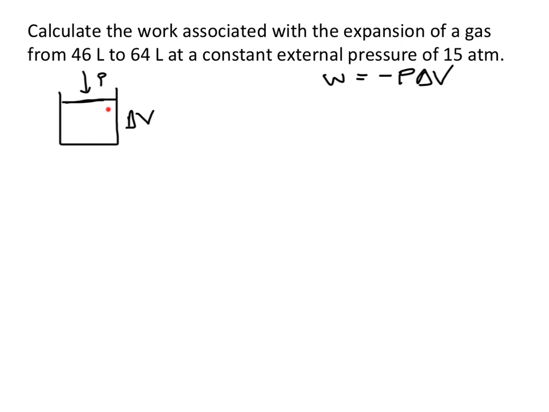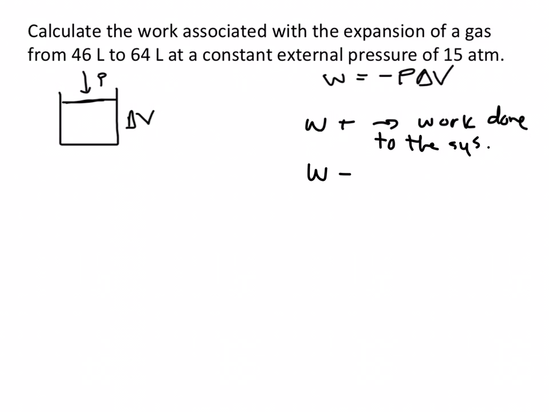If delta V represents what's happening to the system, and it's expanding, that would mean that the piston is also expanding up and acting against an external force. Now we know that when W is positive, work is being done to the system.